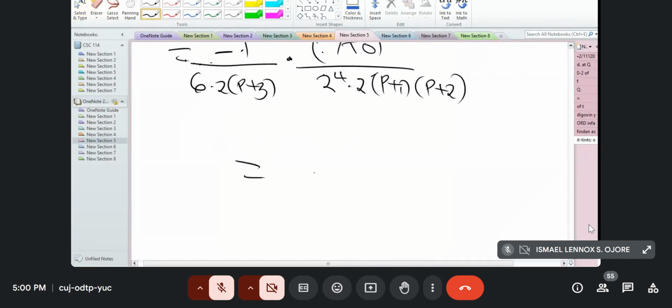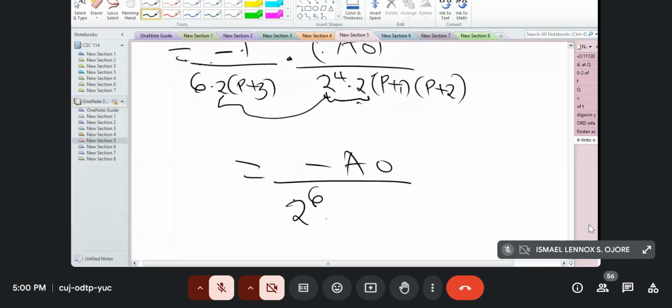So this is equal to minus A naught divided by, if we combine 2 power 4, 2 power 1, we get 2 power 5. Combined with this other 2, we get 2 power 6. So if we write this as 2 power 6 times 6, then times P plus 1, P plus 2, P plus 3, right?